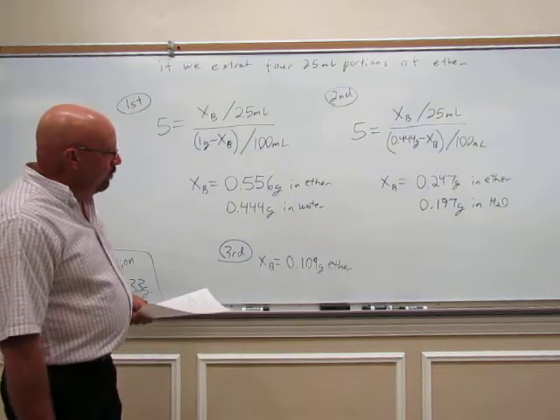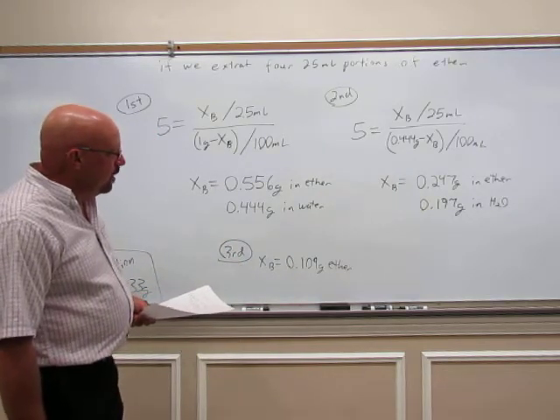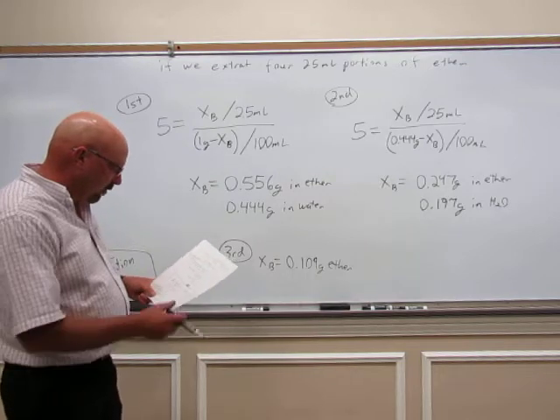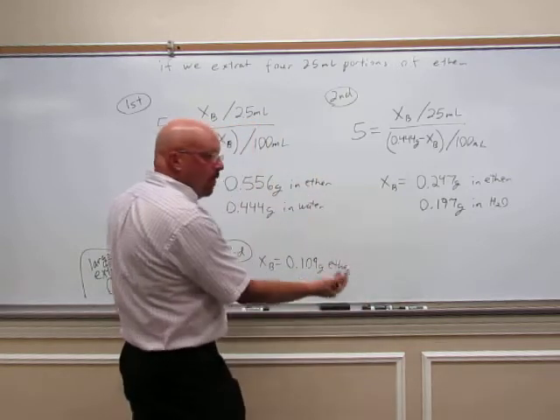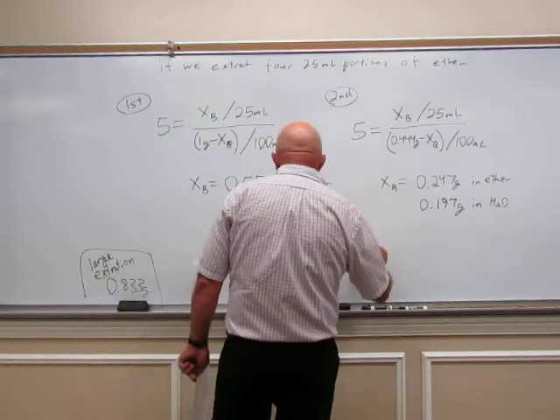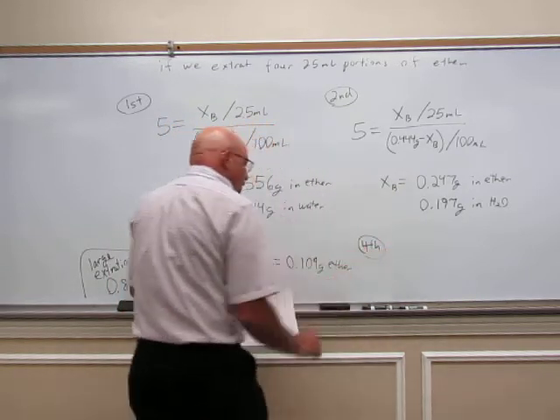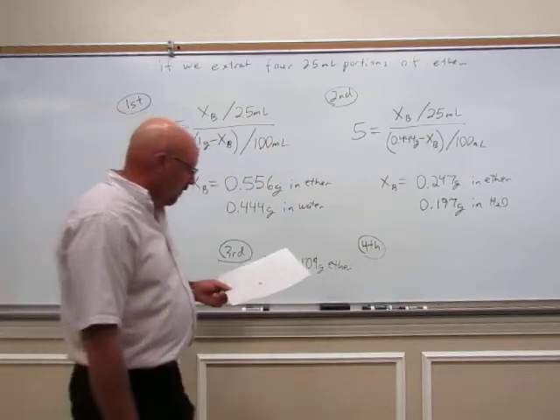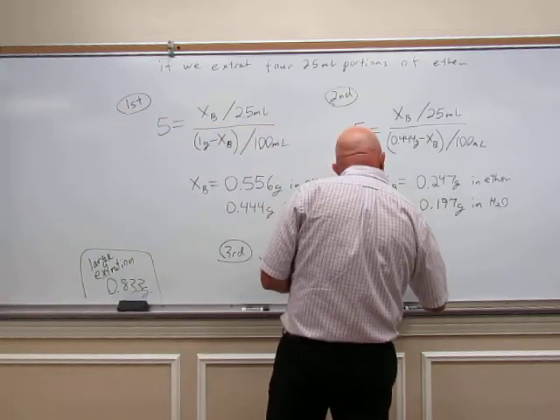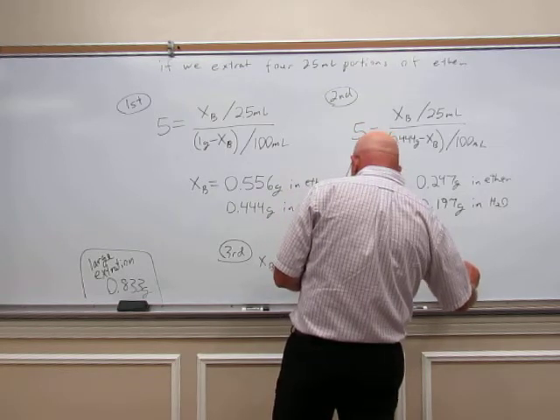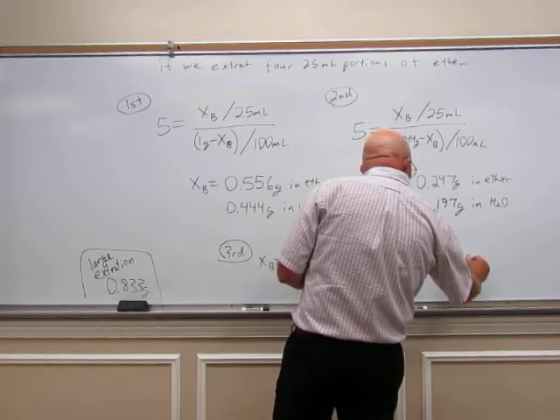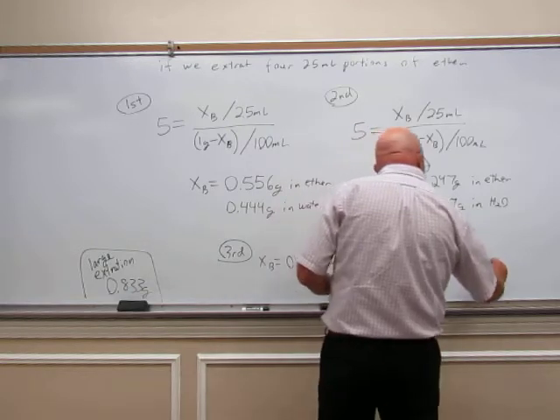So we come up with 0.109 grams in the ether. And the rest of it would be in the water layer. If you go through and do the fourth extraction and solve for X, you should come out with 0.049 grams in the ether.